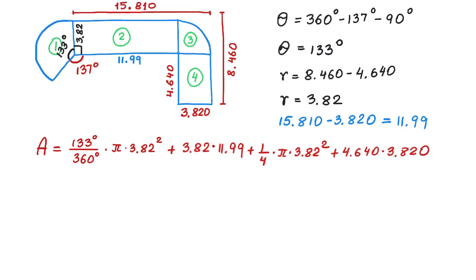Let's use the calculator and get the total area to be approximately 91.9 square units. And if the initial dimensions were, let's say, in inches, then the area would be 91.9 square inches. And we just finished solving this problem.